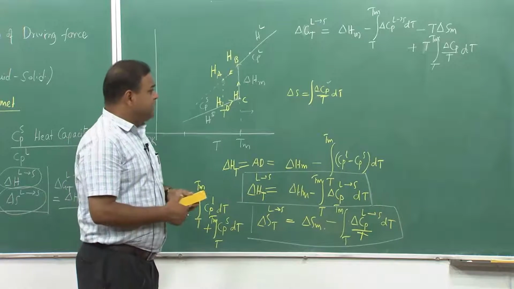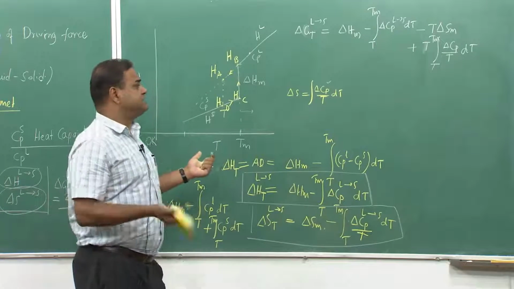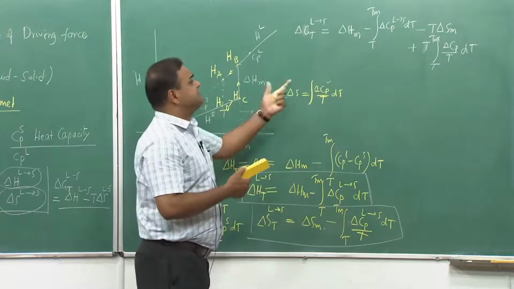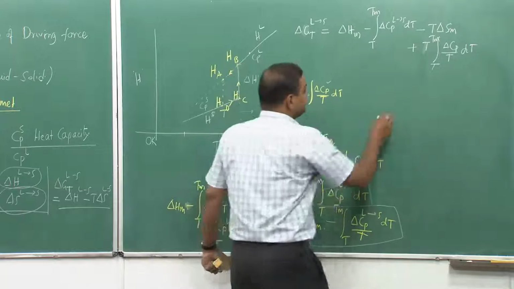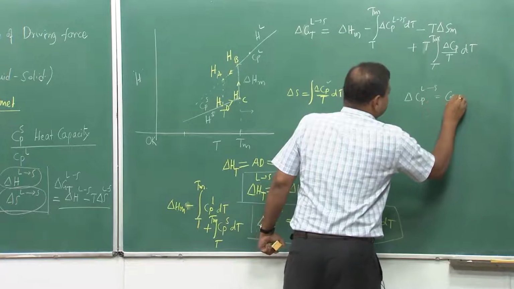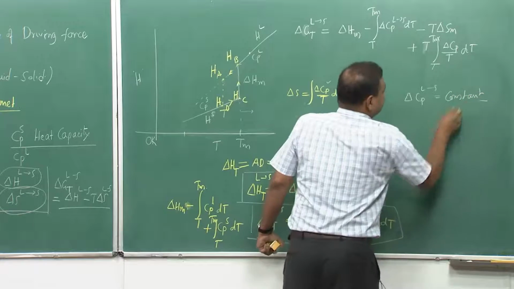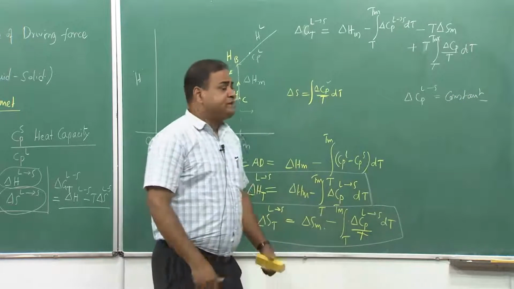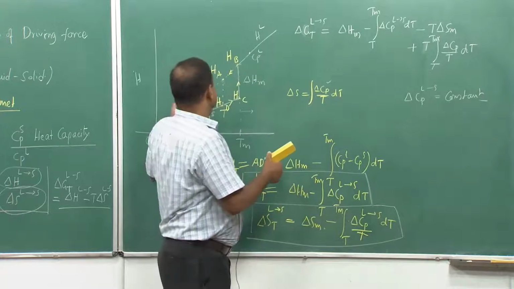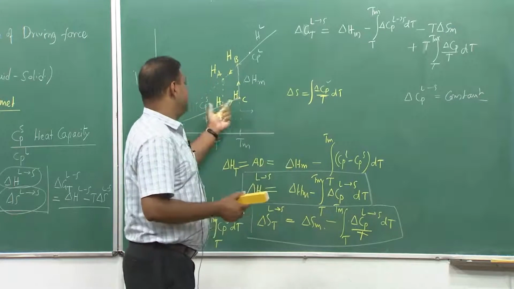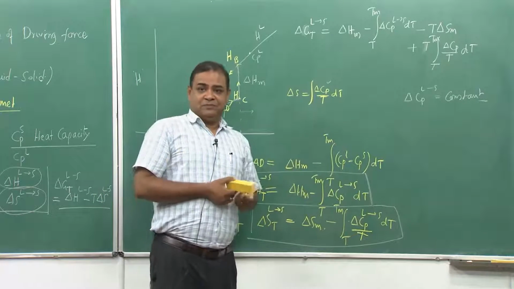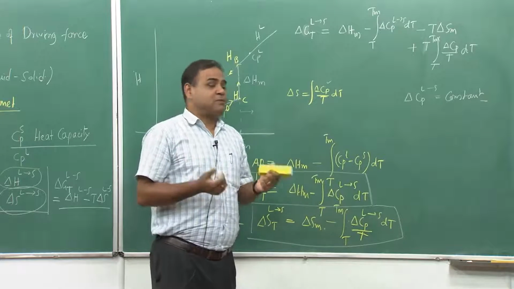So let us assume a very simplistic value. One assumption could be that del Cp liquid to solid is constant. Now, we take a constant value, that means it does not change over the entire temperature range below melting point. But then the next question is, what would be that value? So then it is a problem.